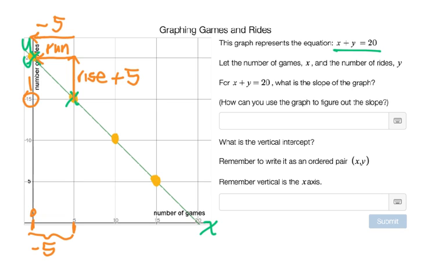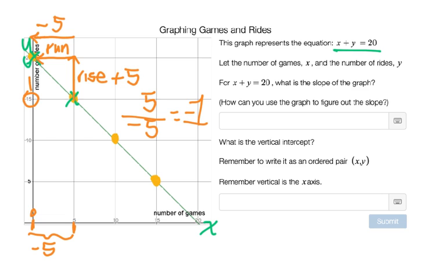That's how far I ran to get back to 0. So now what is my rise? My rise is 5 over my run, which is negative 5. And what's 5 divided by negative 5? Negative 1.